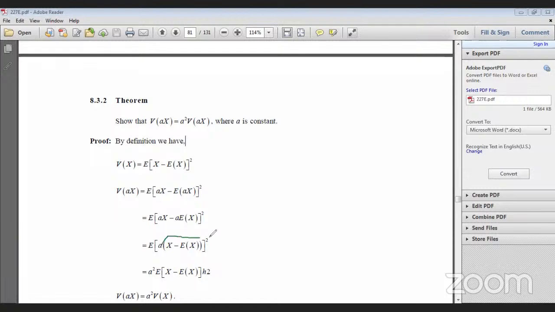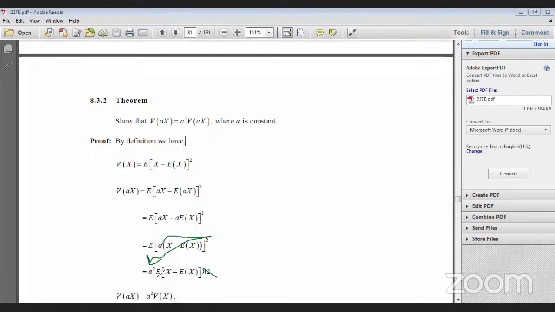So therefore, a into whole square is equal to a square. We are putting outside a square, and E of x minus E of x whole square. This is a square of V of x.